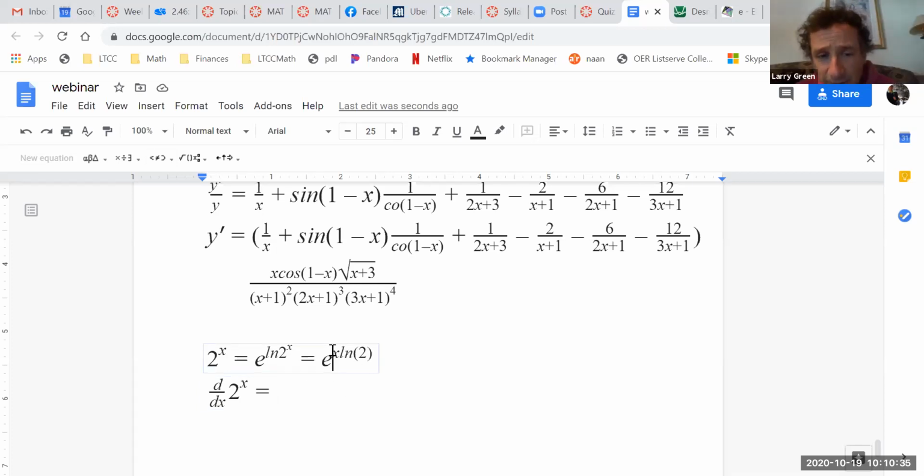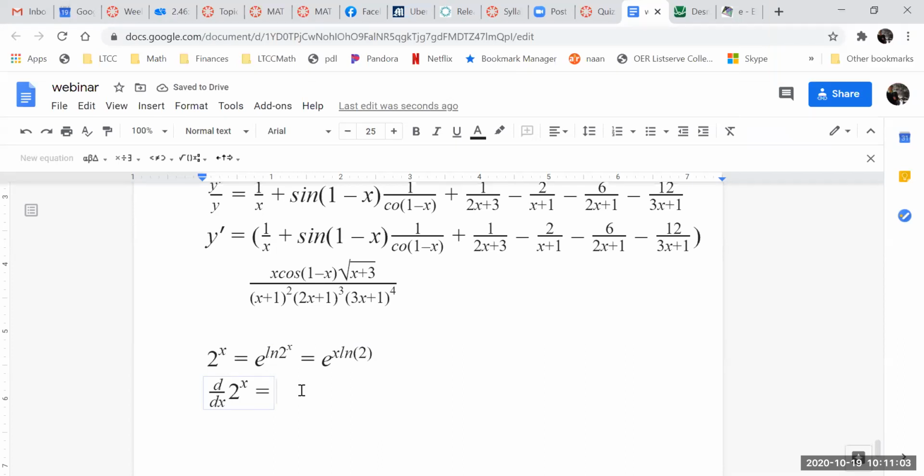Well, what's the derivative of x ln 2? What's the derivative of x times ln 2? And the key is ln 2 is a number. What's the derivative of a number times x? That number.